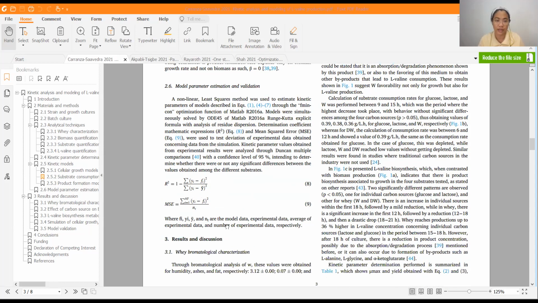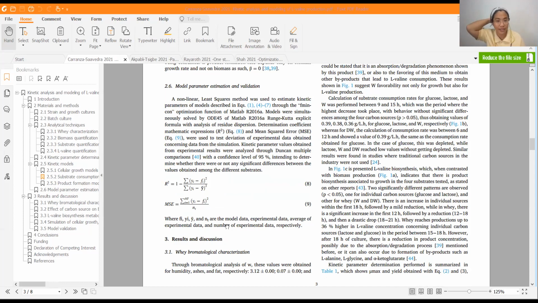For example, in this type of paper, I know already that they are going to do kinetic simulation and modeling, so I know that they are going to do graph fitting.